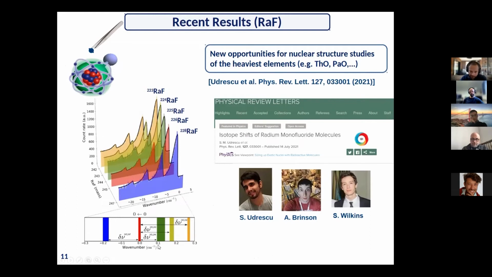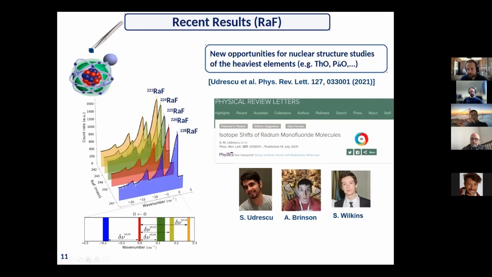This precision is 0.1 inverse centimeters, and the distance here is mainly given by the change of the nuclear radius multiplied by the equivalent of the field shift in molecules. That was great, because at this level we can already use it to learn something about the nucleus. Radium was known, but we can use it to benchmark our knowledge of the experiment and the quantum chemistry, which did, by the way, a very good job.